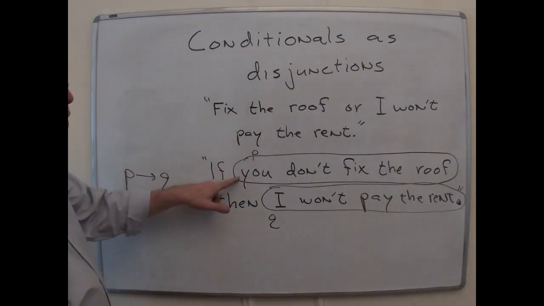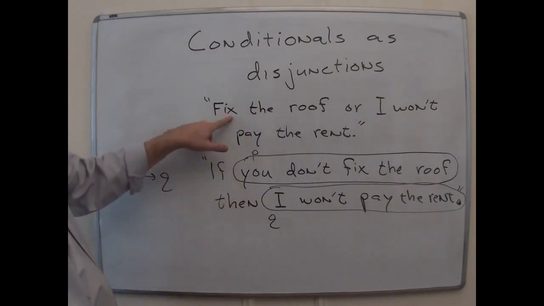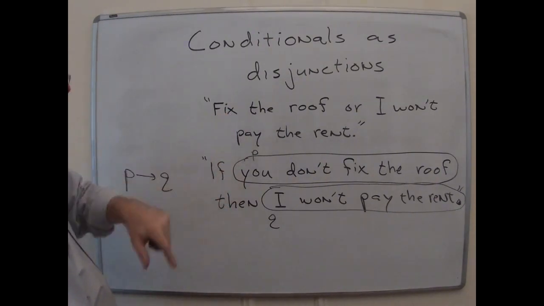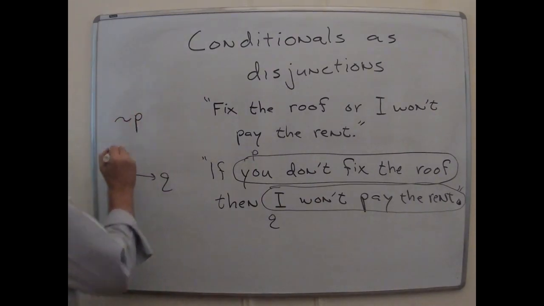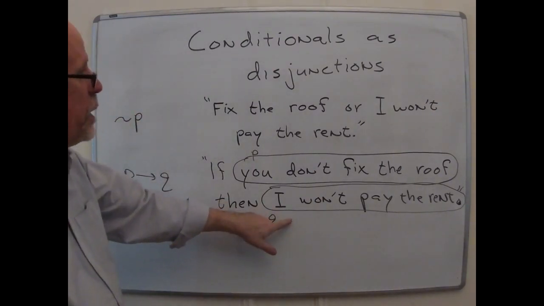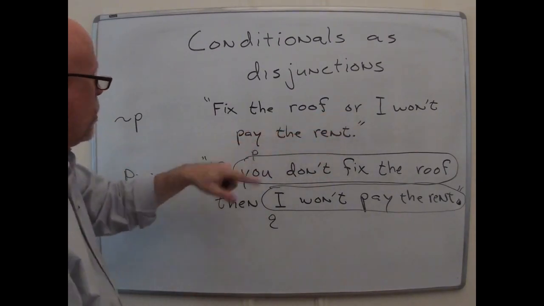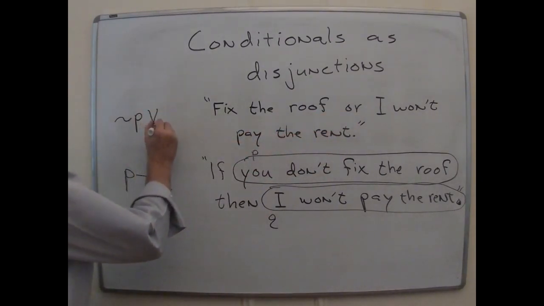Well, P was don't fix the roof, so what is fix the roof? That's the negation of P. And Q was I won't pay the rent. This sentence ends with I won't pay the rent, so that's the same Q.